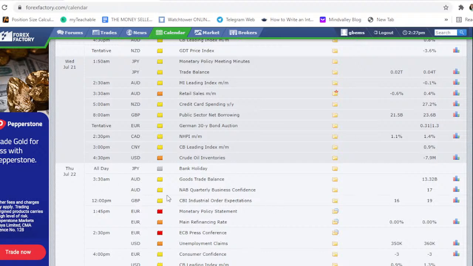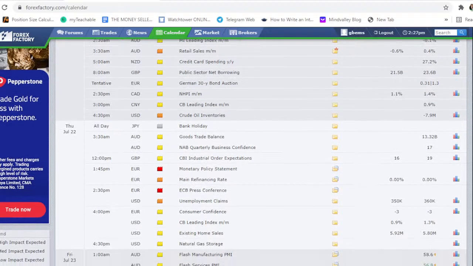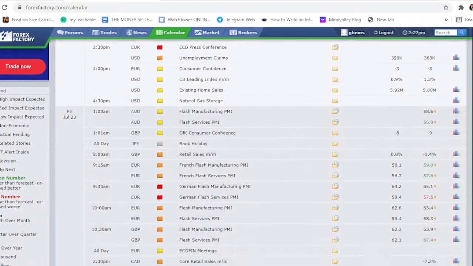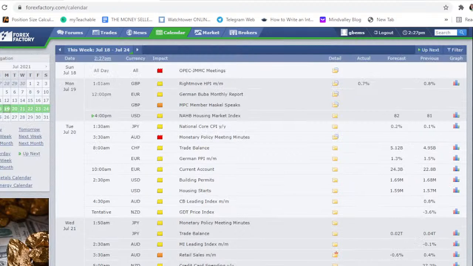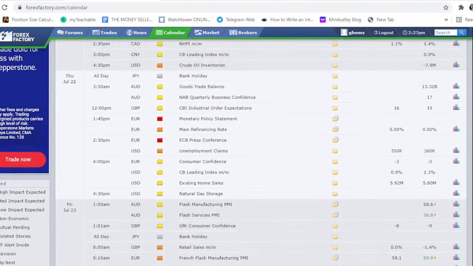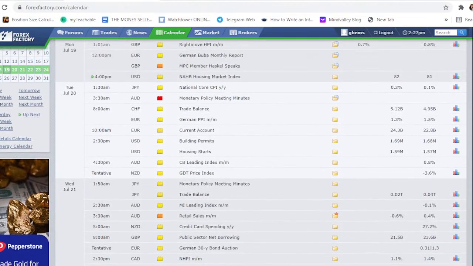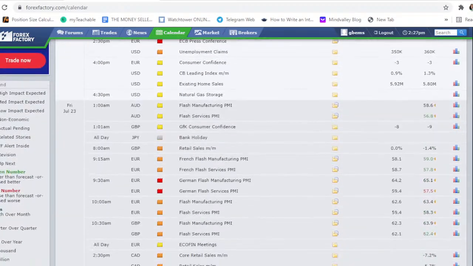So two for euro on Thursday, and on Friday euro again. So for the week we have high impact news on Aussie dollar and euro, just the two of them. Aussie dollar is on Tuesday, and then on Thursday and Friday we have something on euro.